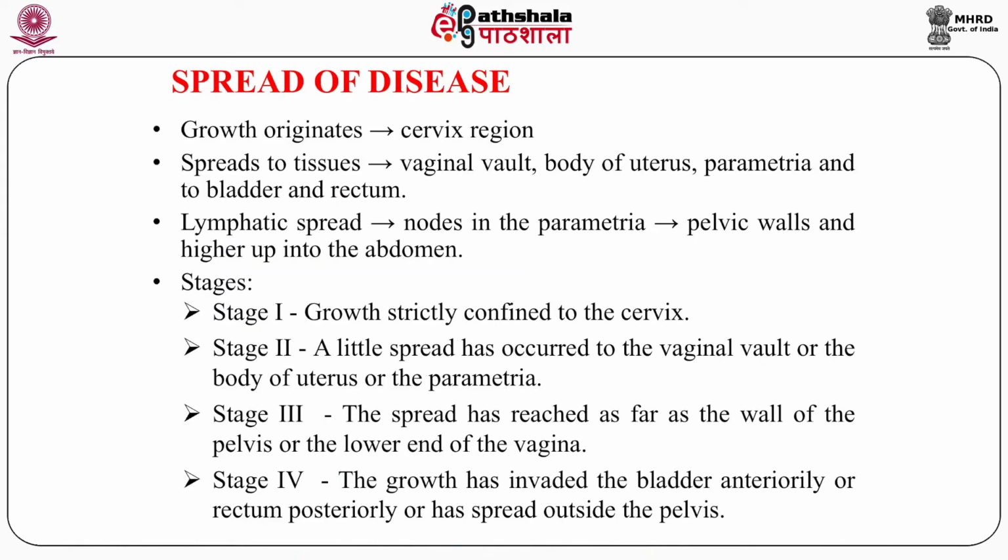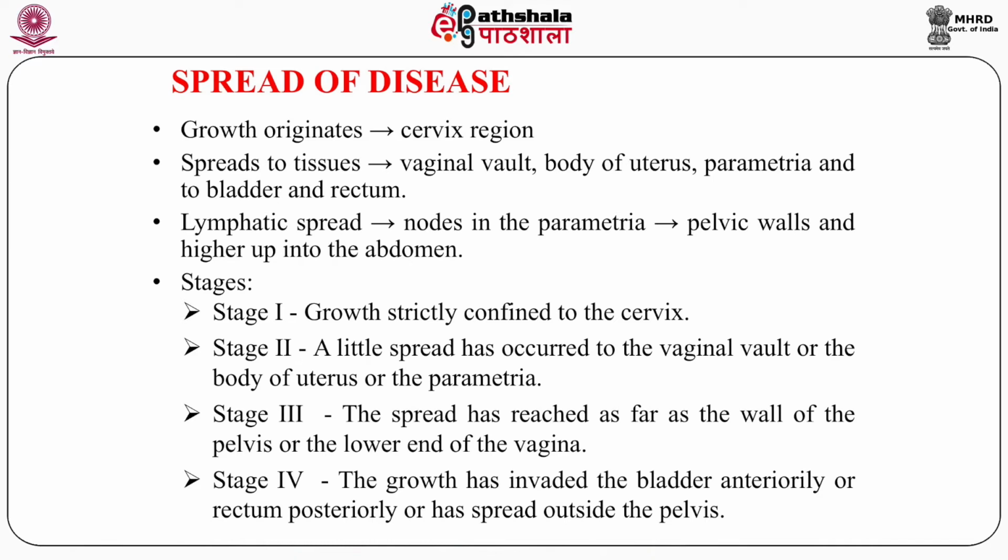Spread of disease: growth originates in the cervix region, spreads to tissues, vaginal vault, body of uterus, parametrium and to bladder and rectum. Lymphatic spread is to nodes in the parametrium, pelvic walls and higher up into the abdomen.